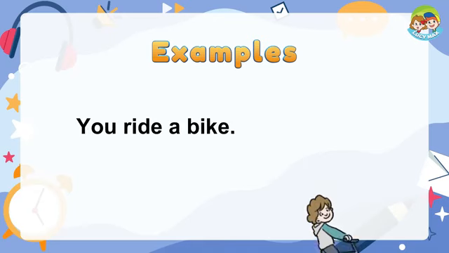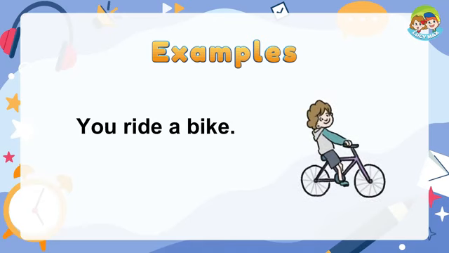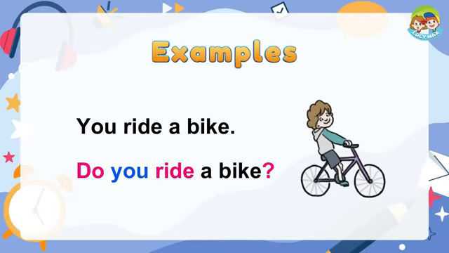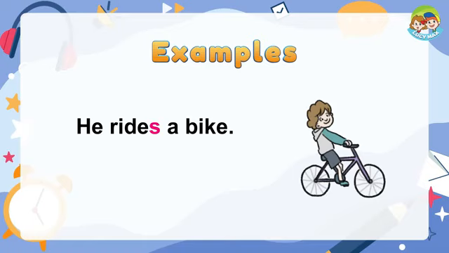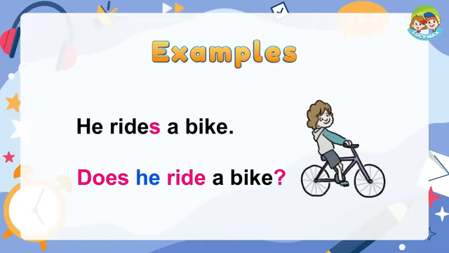Let's look at some examples. You ride a bike. The question becomes, do you ride a bike? He rides a bike. You change rides to its original form. Does he ride a bike?